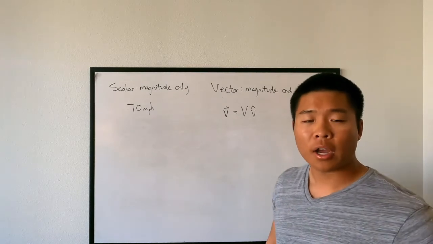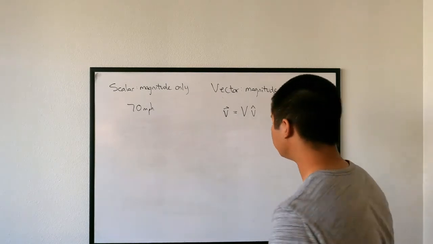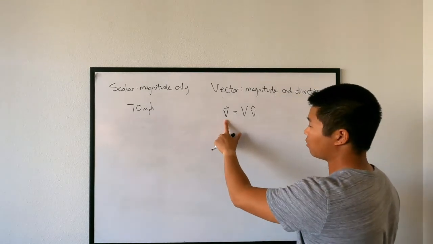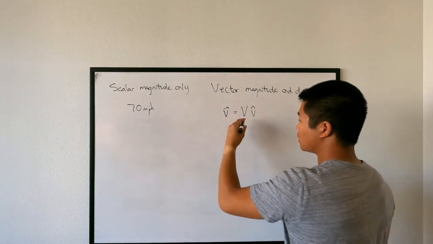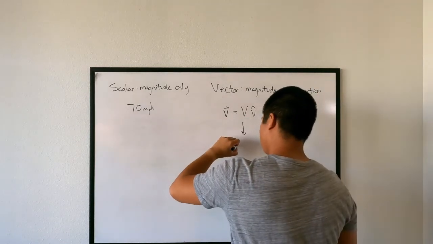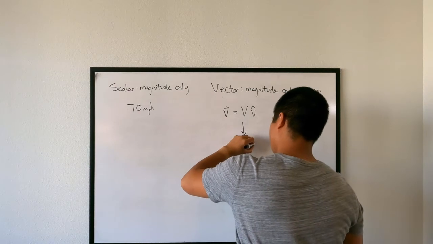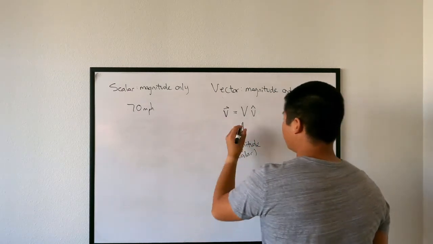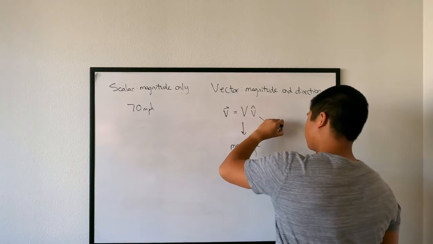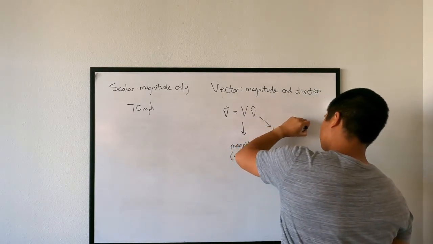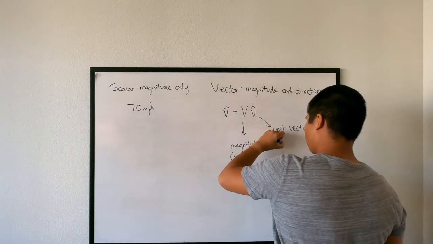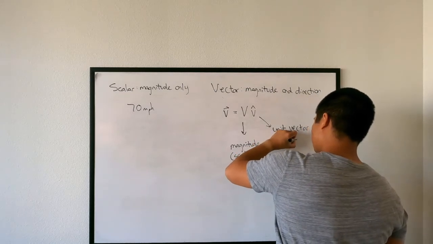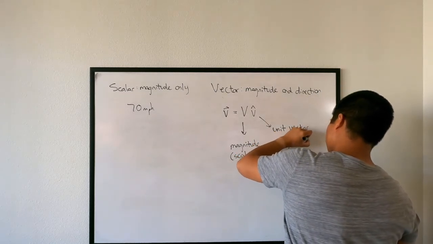I'll show you some other notations in a minute, but this is generally how we represent a vector. This is the magnitude, which is a scalar, and this is a unit vector, which has magnitude of 1.